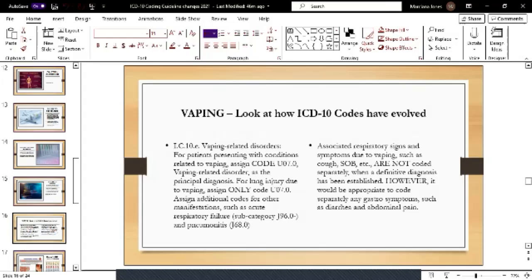However, it would be appropriate to code separately any gastro symptoms, such as diarrhea and abdominal pain. And that's because it has nothing to do with your respiratory system. So why are you going to code coughing and shortness of breath if you already know it's from vaping? If the provider is saying your coughing is due to vaping, I don't need to code your coughing because I know why you're coughing.